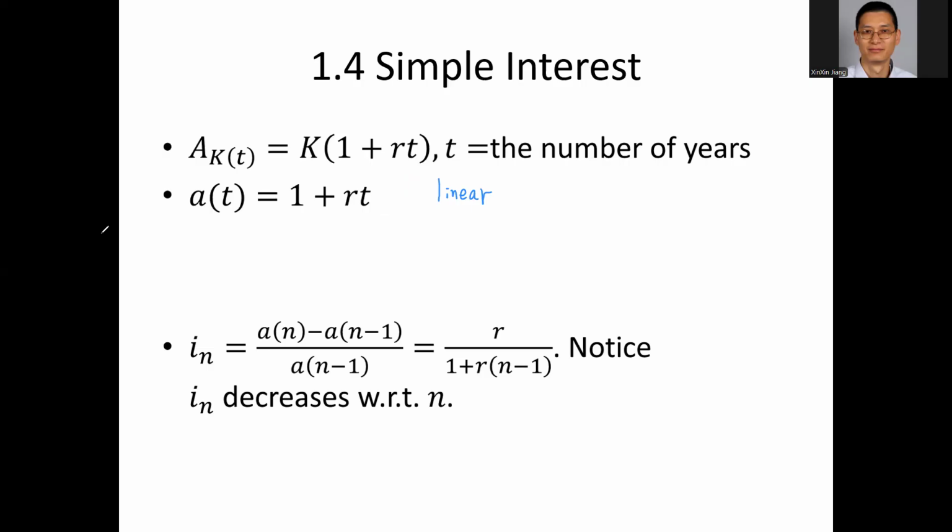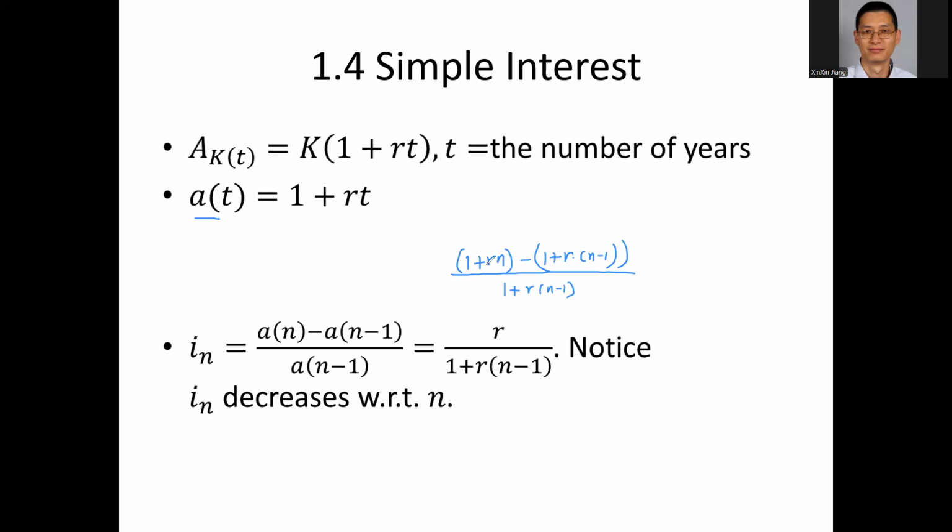And suppose we have a time period, so 1, 2, 3, 4 with equal length. Then we can define I sub n as a definition. You plug in this accumulation function. So you have 1 plus R times n, minus 1 plus R times n minus 1, divided by A of n minus 1, so 1 plus R times n minus 1.